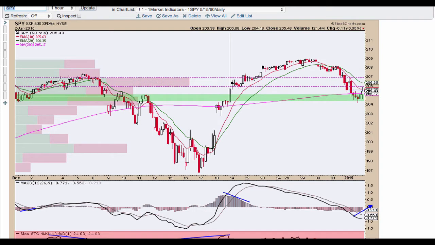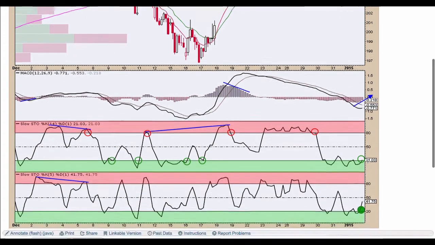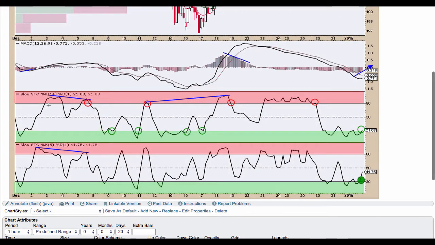So we had something of a spinning top in the last hour of the day on the Spiders. Note the MACD histogram is moving to the upside, so that's why we're watching the daily histogram, thinking that we could go positive. The slow STO 14 period looks like it wants to give us a buy signal, with the 5-1 already moving off of the lows on Friday.